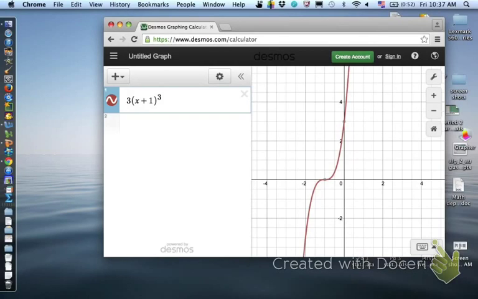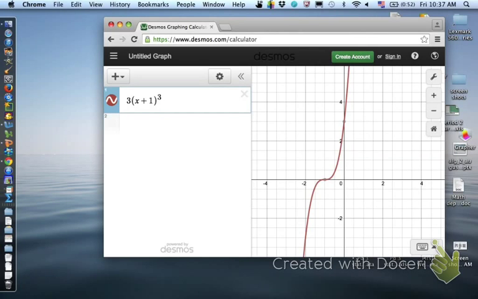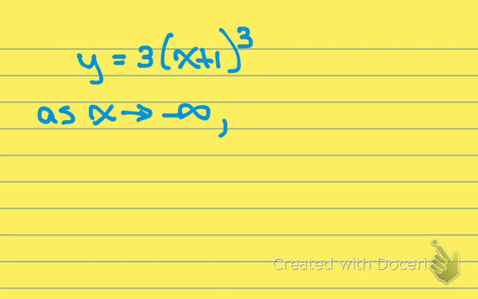So the way we would write that is, for the left end behavior, as x goes to negative infinity, remember that on the left-hand side, we are going down. So as x goes to negative infinity, f of x, or the y value, is also going to negative infinity.